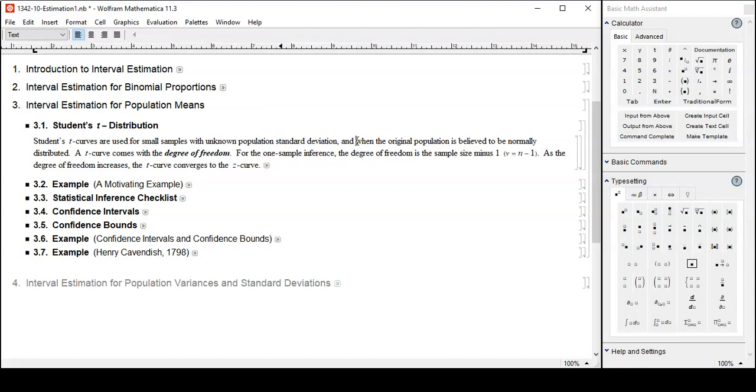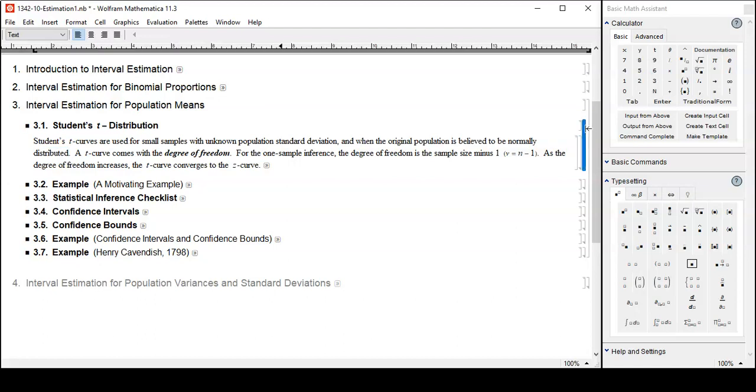And finally, about this original distribution is normal. At this level, you don't have to worry about it. So, small sample, number 1 criterion. Unknown population standard deviation, very distant number 2. And then still more distant number 3 criterion.